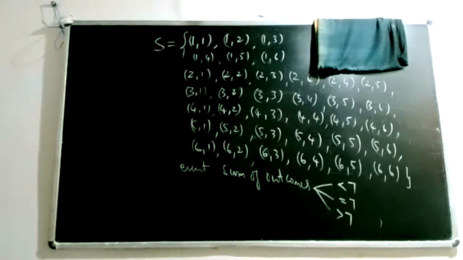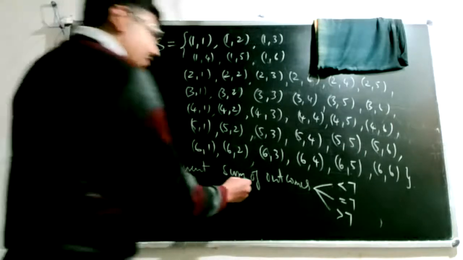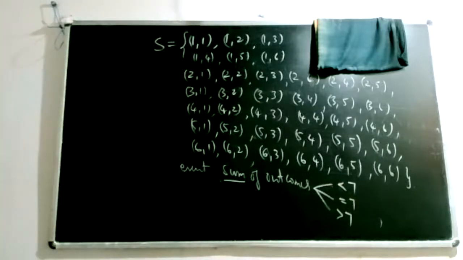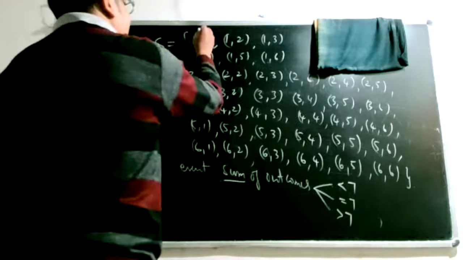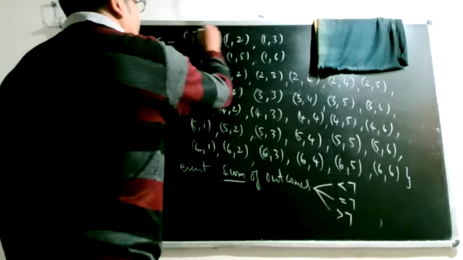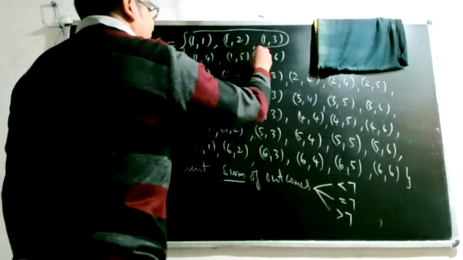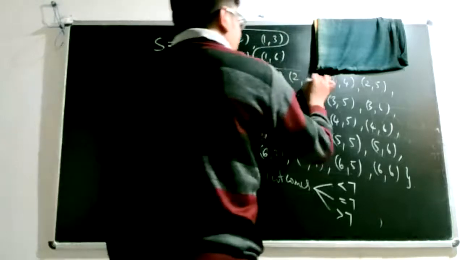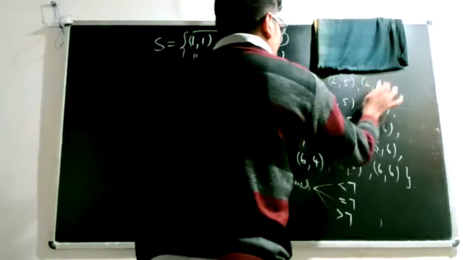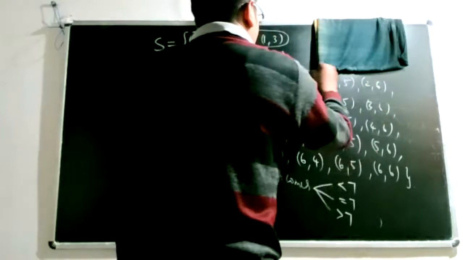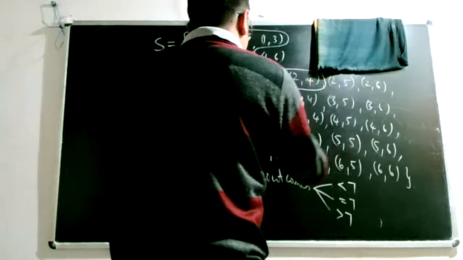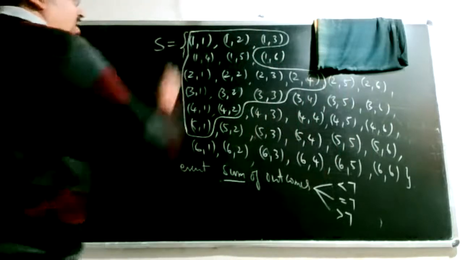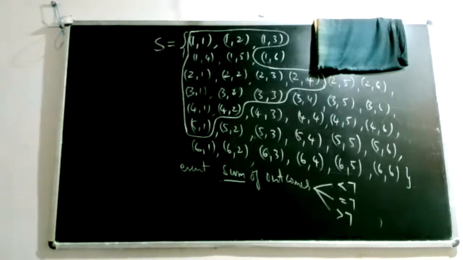Now, look at the favorable cases for the sum less than 7. Which cases have a total less than 7? Less than 7 cases are 1 1, 1 2, 1 3 and so on. You are just looking at the cases that are less. These are the favorable cases for sum less than 7.